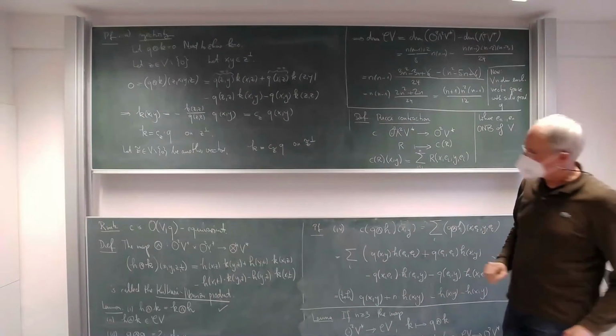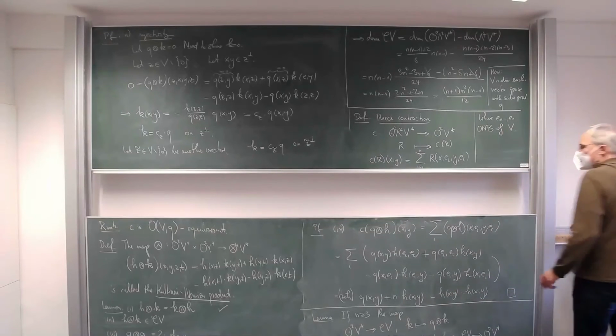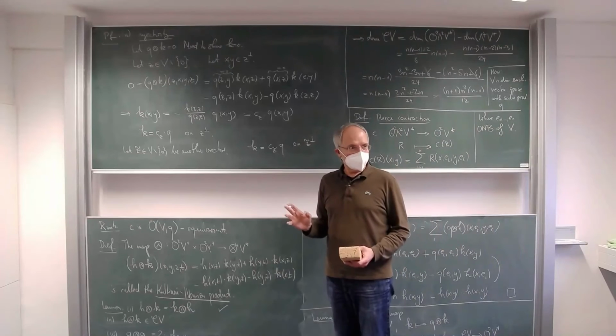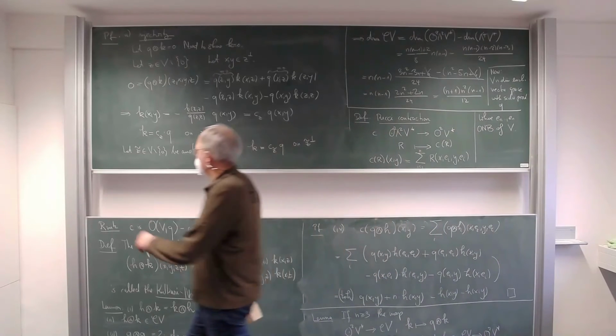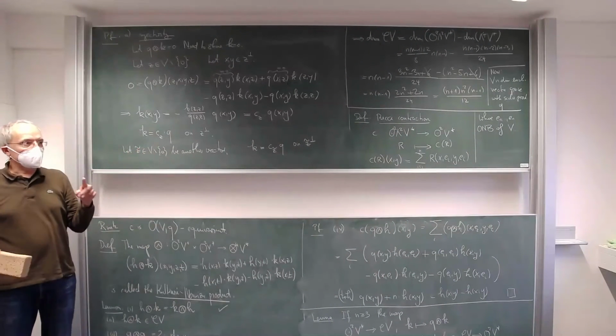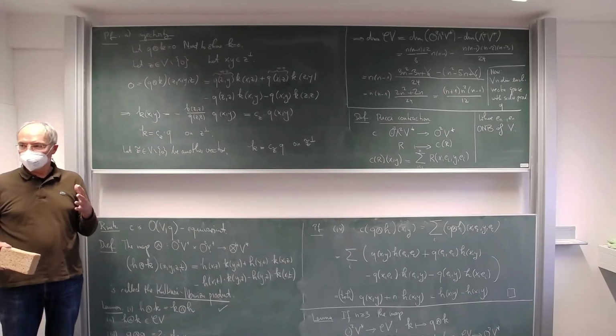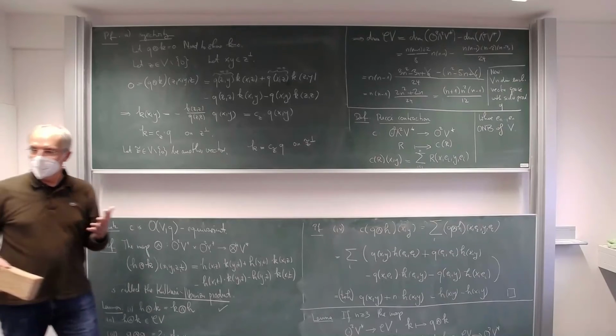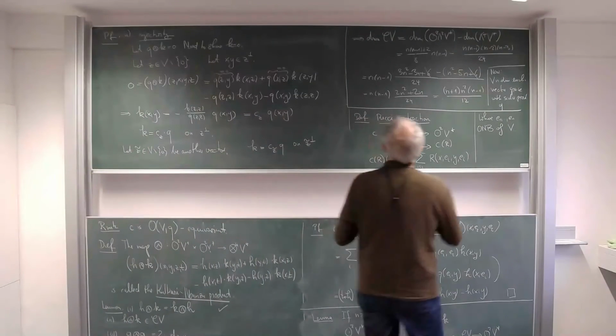And now we use the fact that n is at least 3. Because that means if you have two vectors, then their orthogonal complements are at least two-dimensional, and they intersect in something non-trivial. So the intersection is at least one-dimensional.